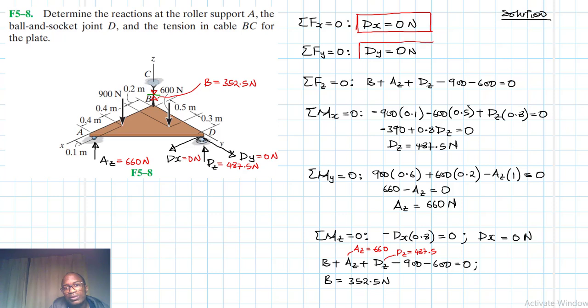DY is also equal to 0. DZ is equal to 487.5, and AZ is equal to 660. And then finally our B, which is the tension force, is equal to 352.5. This is about it.